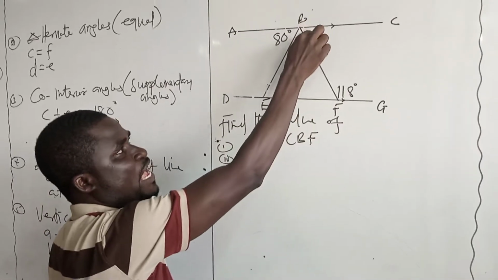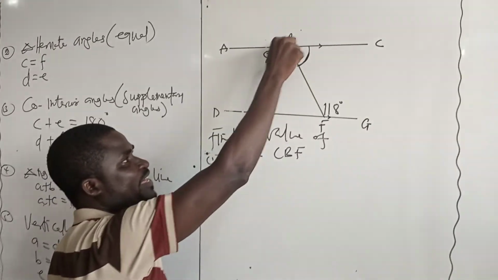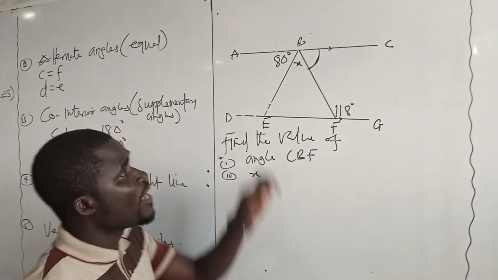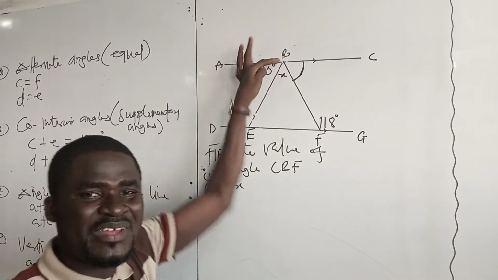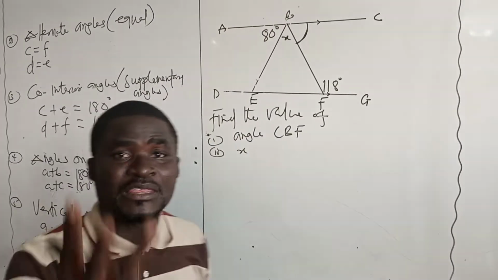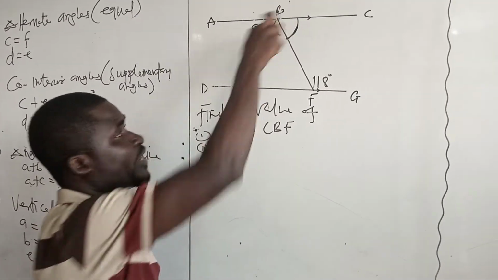Now the same angle can be FBC. So take note, this angle here, the angle B here, is having three angles. 1, 2, 3.